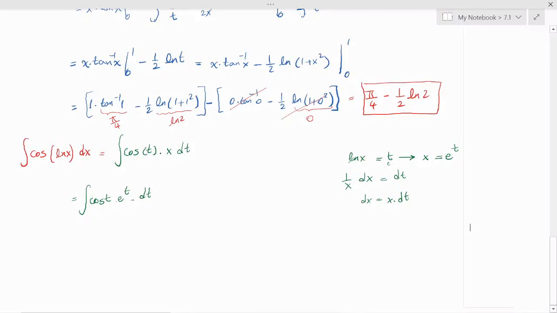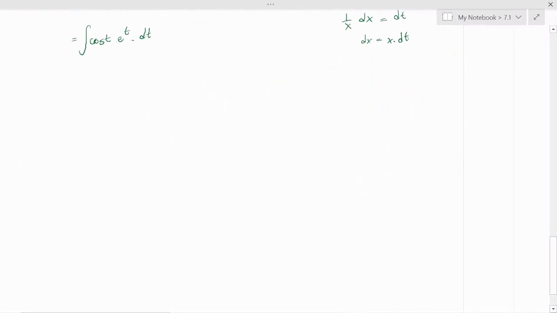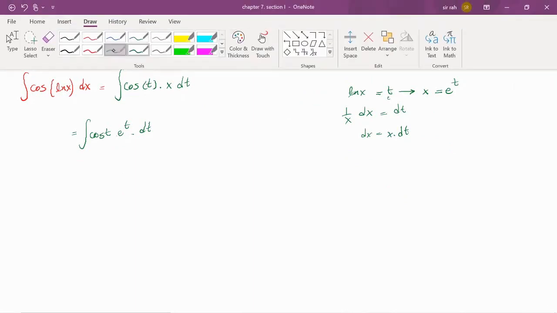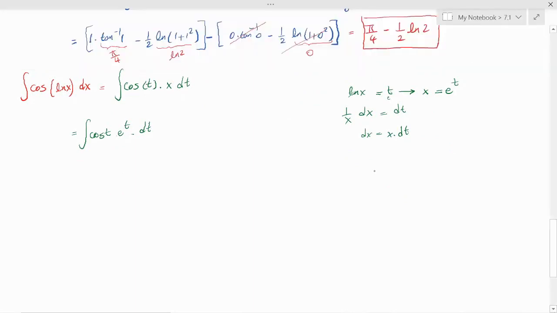Okay, create some space first. So here, what do we pick for our integration by parts? We let u equal cosine of t, and we pick dv to be e to the power t dt. So therefore du would be negative sine t dt, and v would be e to the power t.